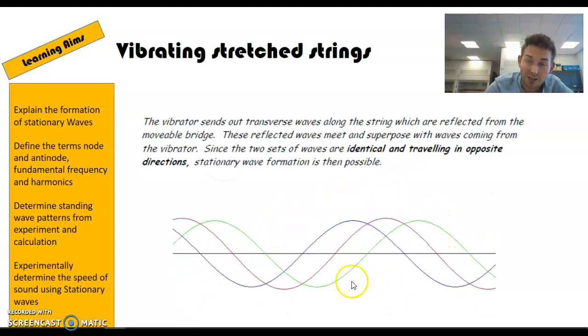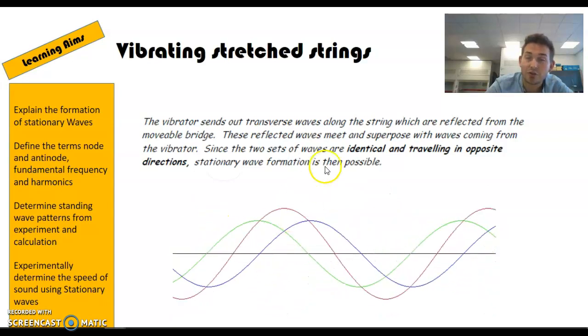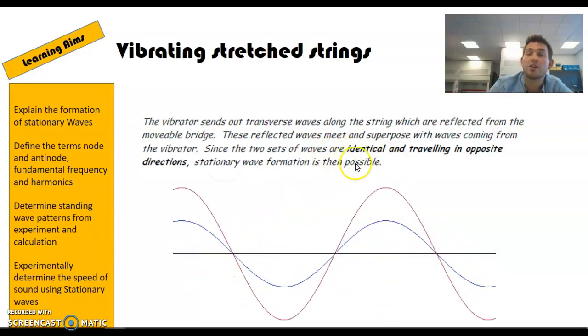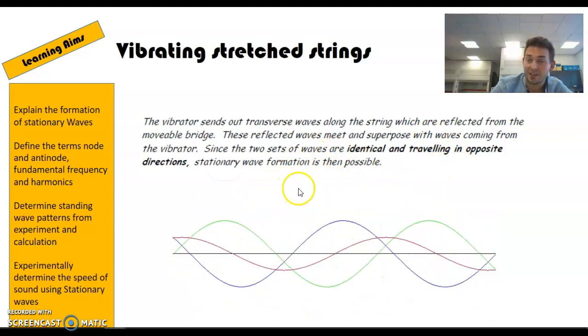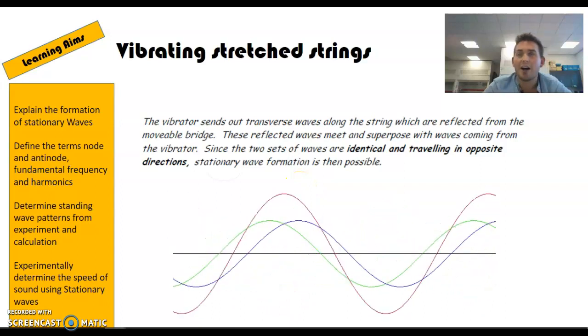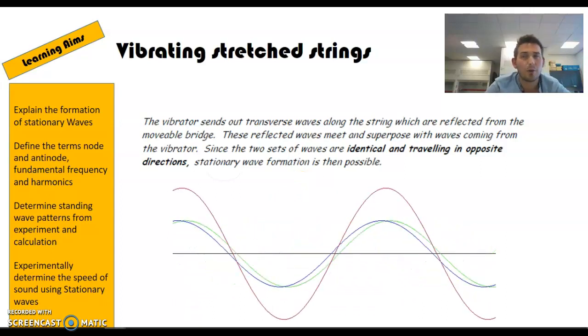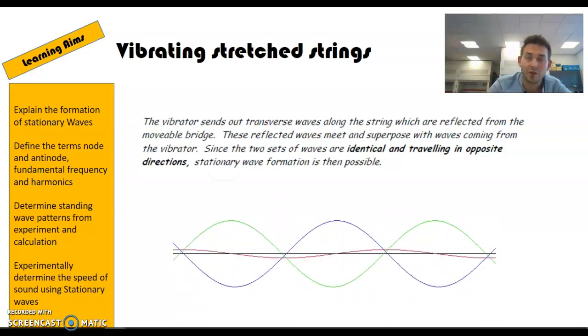So this red line here is the resultant standing wave of these two superposing on each other. And this is all you will see, despite the fact that it was formed by these two separate waves that are on the string as well. Proper super weird, but that is the resultant wave. That is how a standing wave is formed.